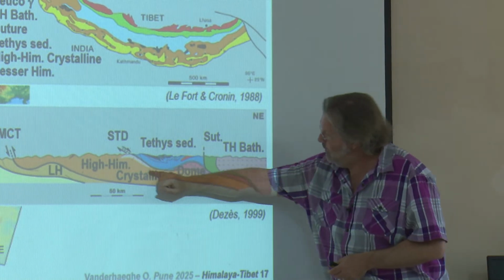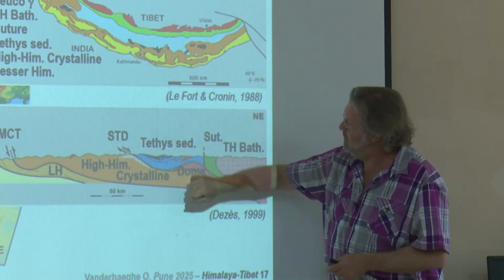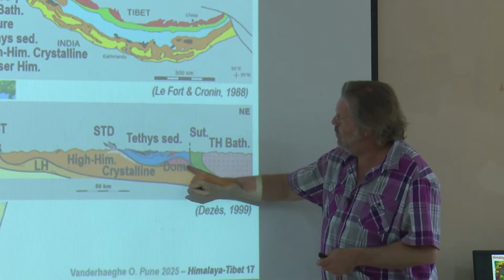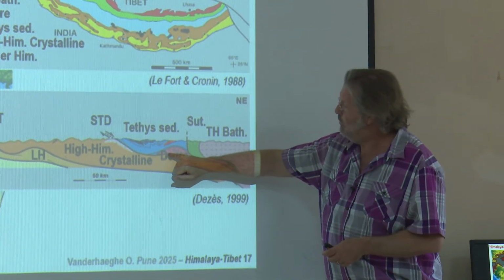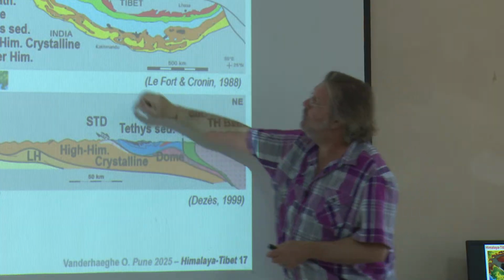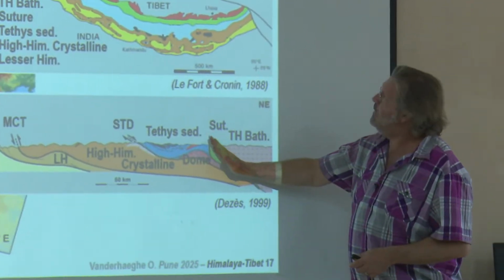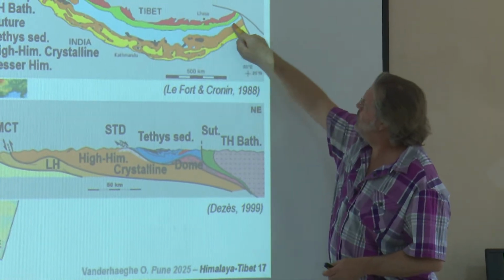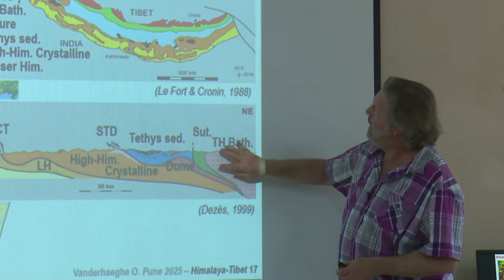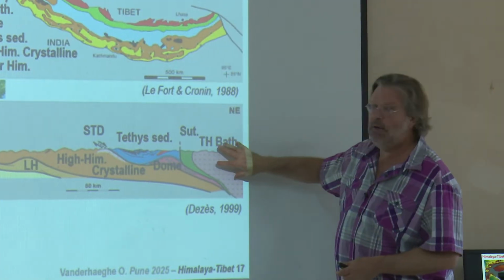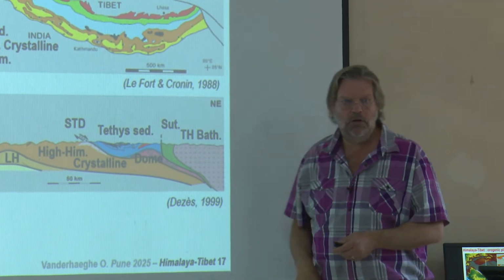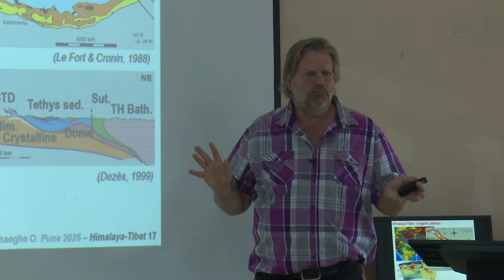North of the Tethyan sediments, there is a dome structure, and we see an example of the Somorari nappe here. And then there is a suture, the Indus-Tsangpo suture in green, and in red, the Trans-Himalayan batholith. Okay? Do you know about this geology or not so much?